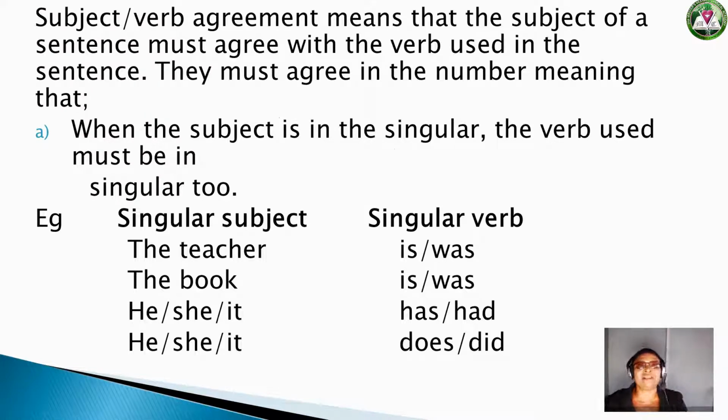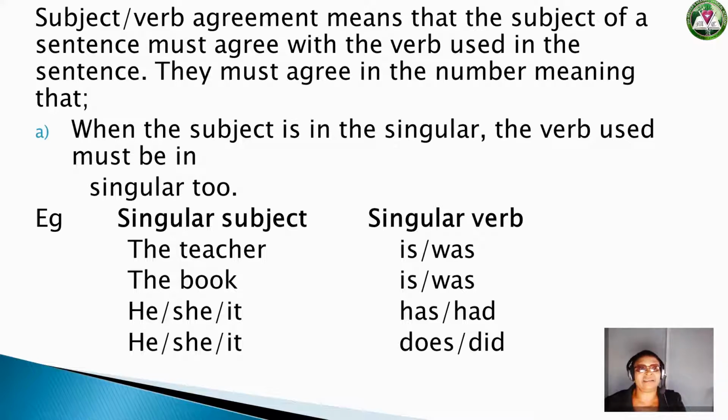Subject-verb agreement means that the subject of a sentence must agree with the verb used in the sentence. They must agree in number. What is the agreement? They must agree in number.